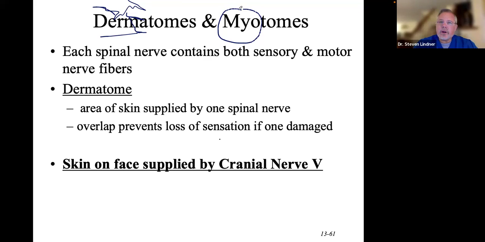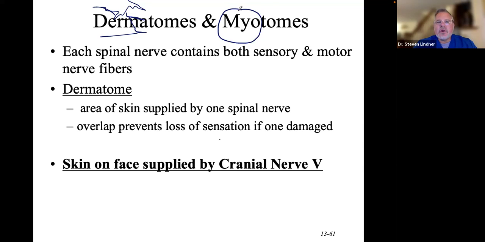So we are going to try and understand, are there certain patterns to nerves from the neck and nerves of the lower back that control sensation to the skin in different parts of the body? That's dermatomes. And myotomes, are there certain patterns to nerve roots that control muscle groups?